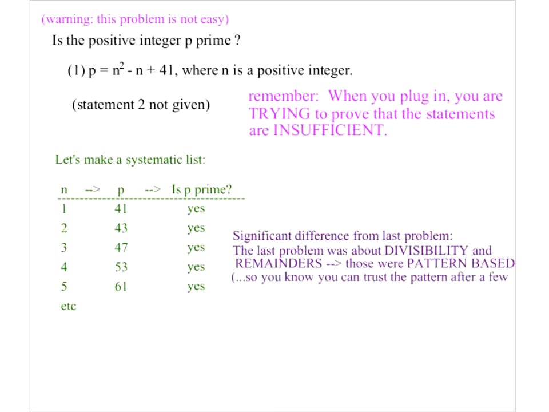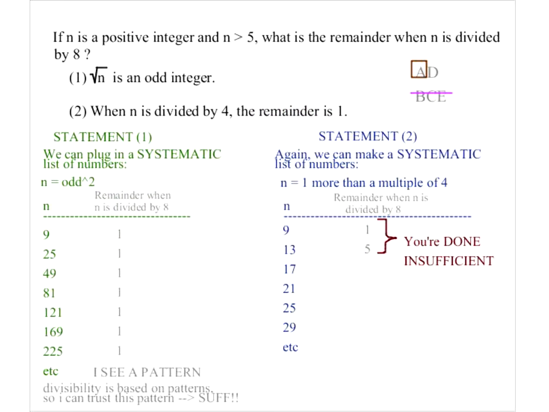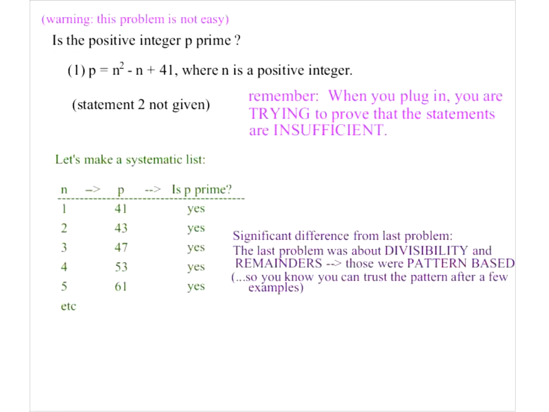After a few examples. In other words, with divisibility the remainders just repeat over and over again in exactly the same way all the time. So if you understand that, then nothing new is going to happen after a while, because this stuff is all very systematic. It's about remainders and stuff like that. On the other hand, this problem is about primes.